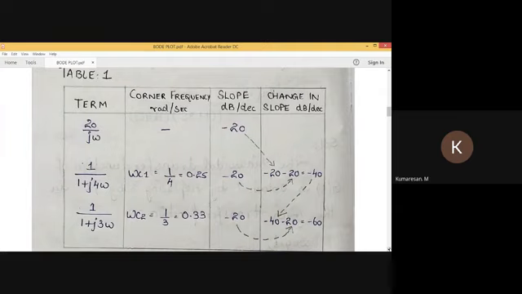The slope changes again at the third term, from minus 40 to minus 60. So from this table, we can easily find the slope and change in slope in the unit of decibels per decade. This is the first step.